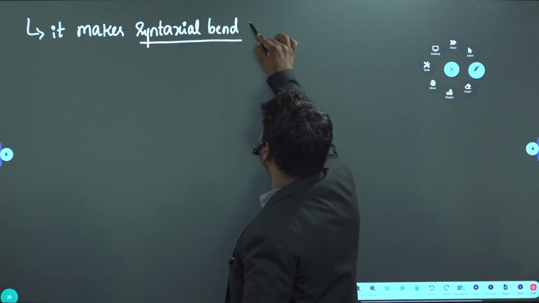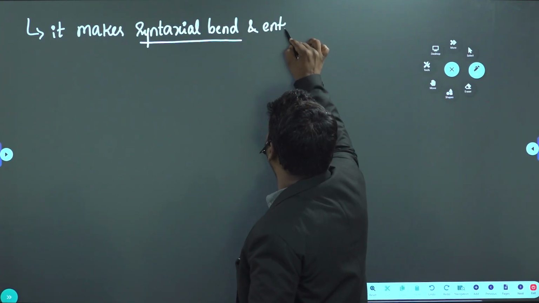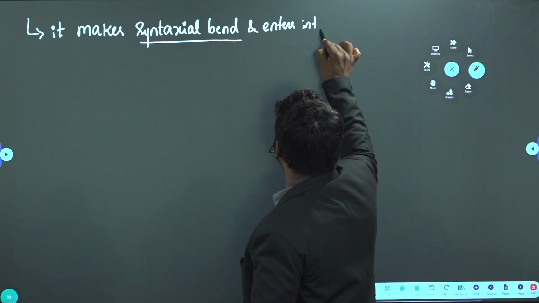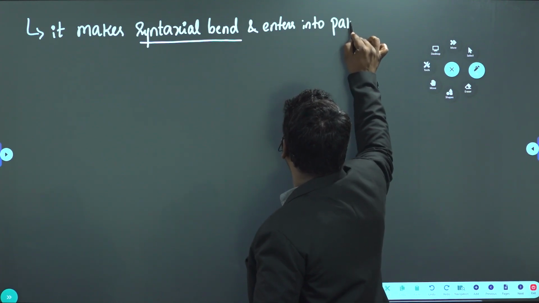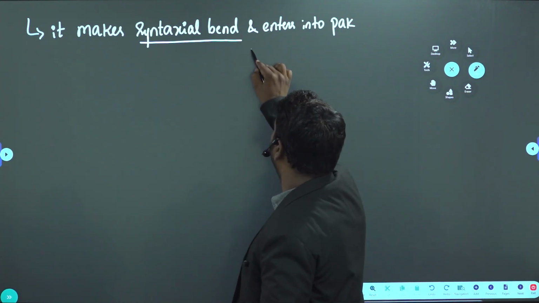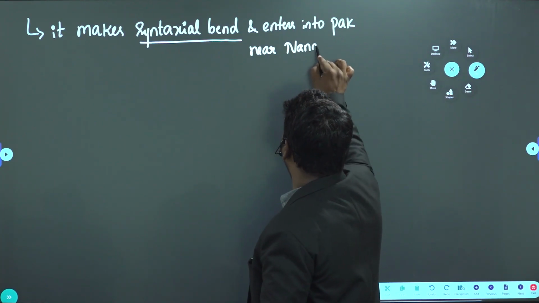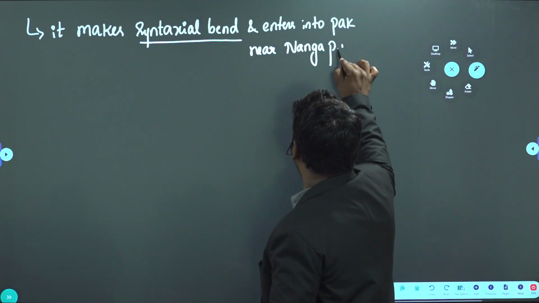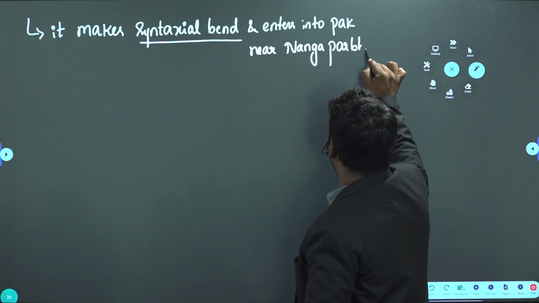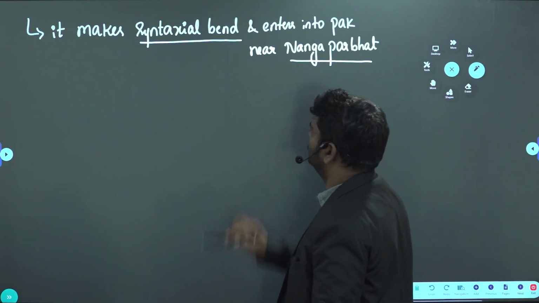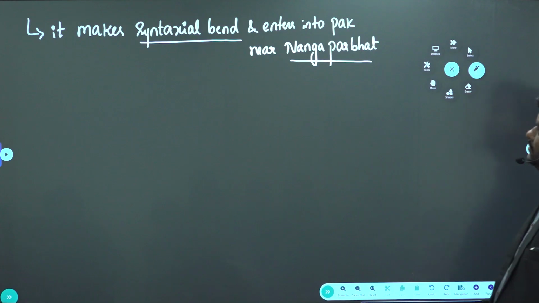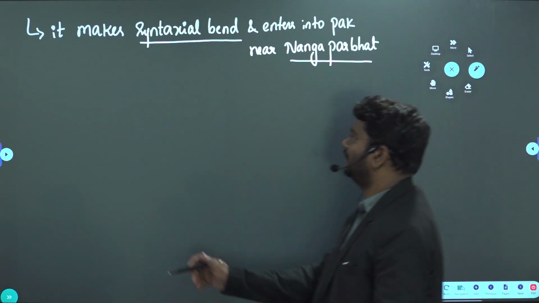Syntaxial bend and enters into Pakistan near Nanga Parbat.